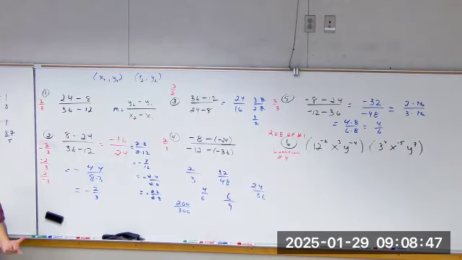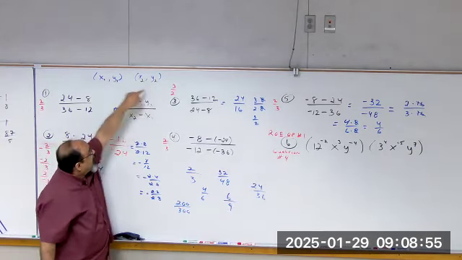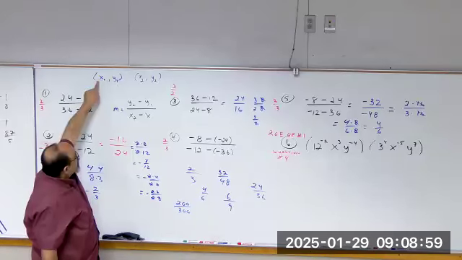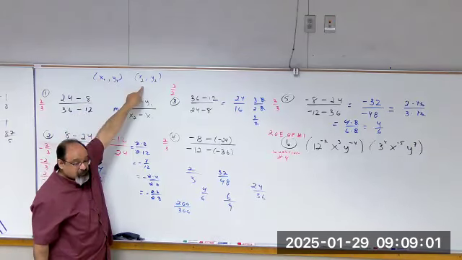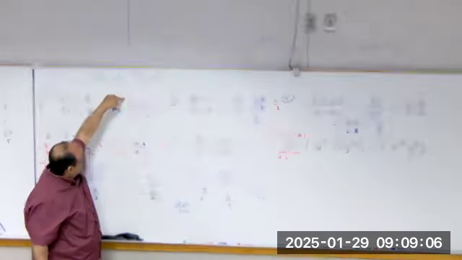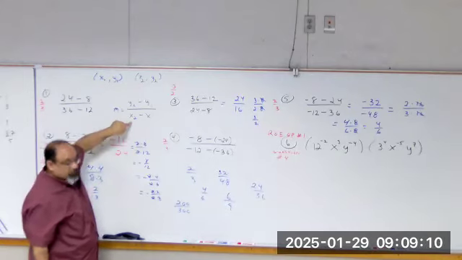Subtract the y's, subtract the x's. What matters is you don't pick this y and subtract that y, and then start over here and start with this x minus that x. They got to come from the same place. So if I start with this y in the numerator, I got to start from the same ordered pair. I got to start from this x down here.